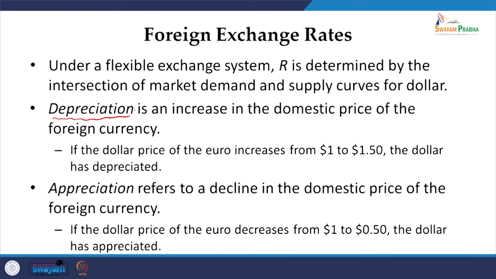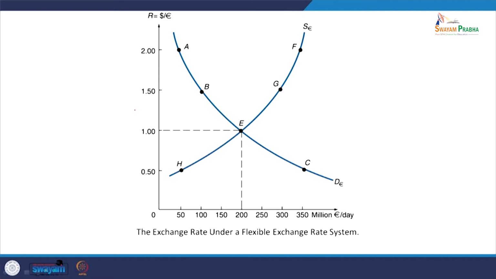Now, coming to the reverse side, called appreciation. Appreciation of a currency refers to a decline in the domestic price of the foreign currency. If the dollar price of the euro decreases from $1 to, let us say, $0.5, then the dollar has appreciated. Now, here is a diagram which explains the exchange rate between the euro and the dollar.